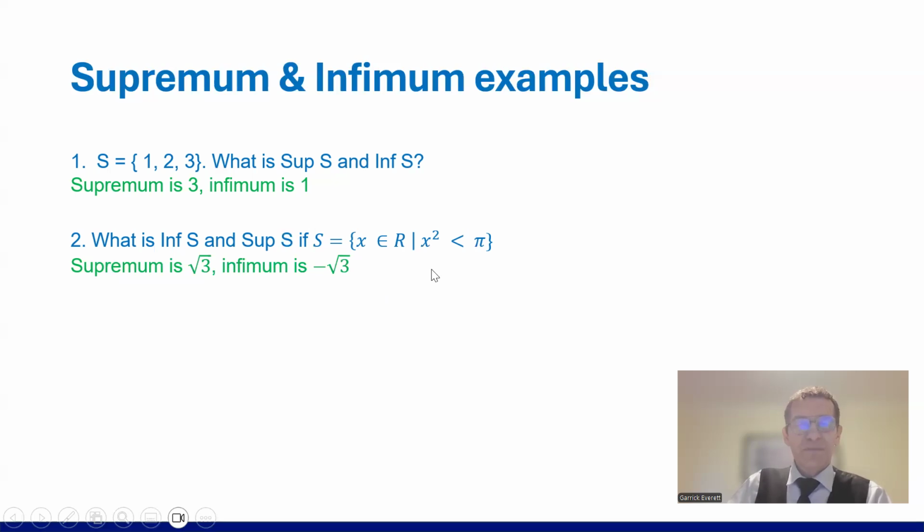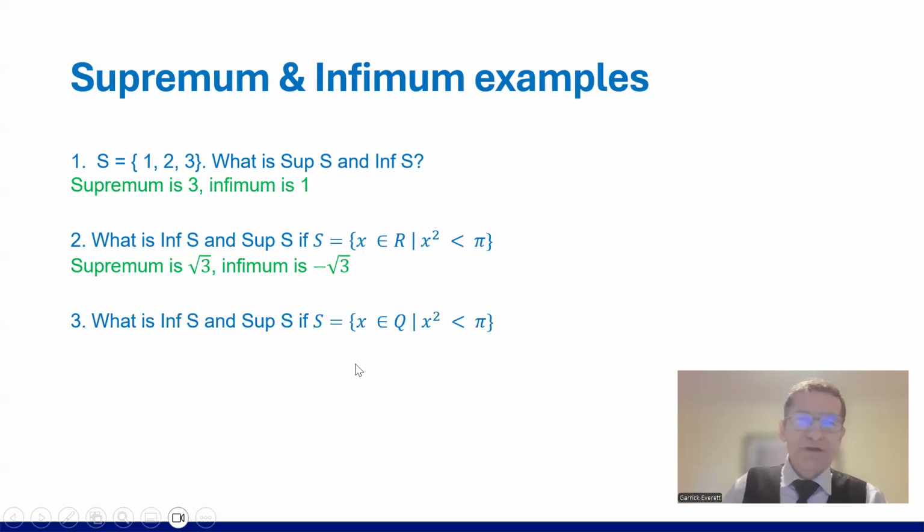You can then add another decimal place, a 0 or 1 on the end, and still be less than pi, and therefore it wouldn't be a supremum or an infimum. So you've got to give a number which is valid within the reals, where you can't create another one closer to it. Because root 3 is the closest real number, that classifies as the supremum and infimum. It's a little bit tricky.